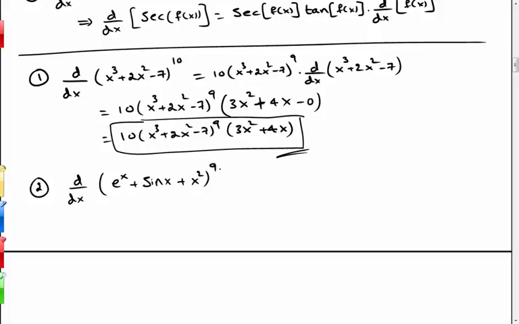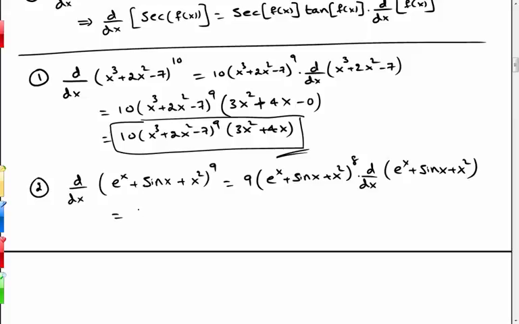Now, once again, does this look like f of x raised to a power of 9? So, the derivative ought to be 9 times e to the x plus sine x plus x squared raised to 8, and times d/dx of e to the x plus sine x plus x squared.